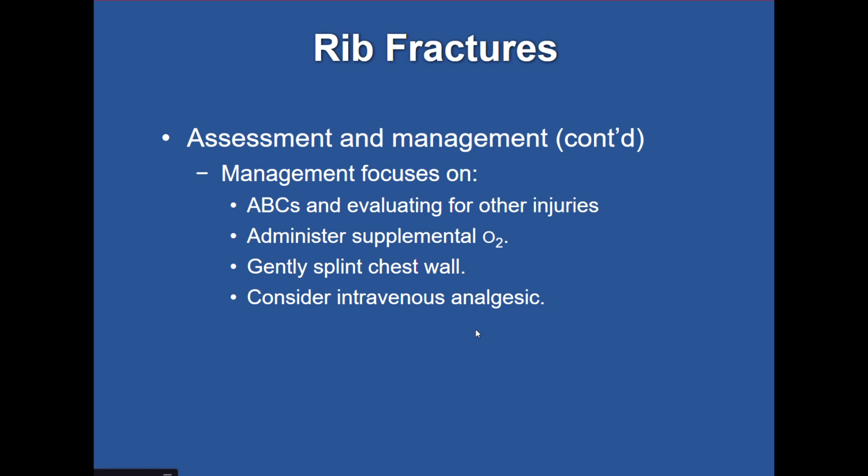A great thing to do when you have a patient who is alert and oriented is give them a pillow or give them a blanket that you've rolled up that they can actually hold against their chest wall, and that will help to diffuse some of that pain, help to stabilize, and allow them to take deeper breaths. And then we can also consider some analgesics for pain.